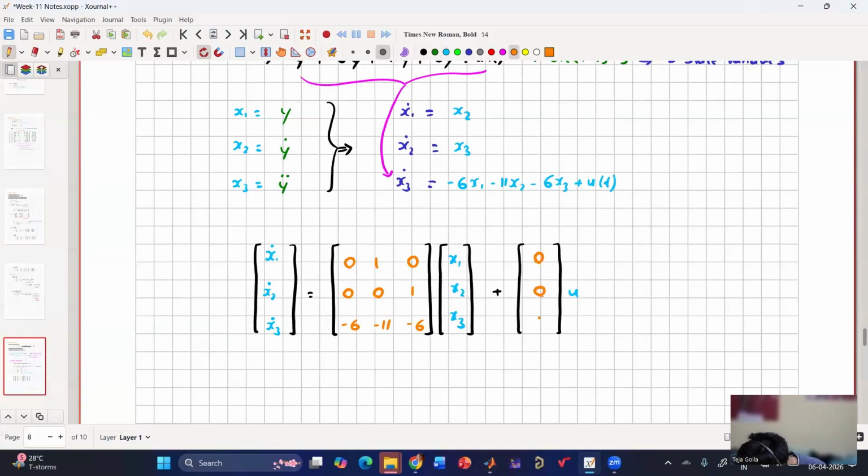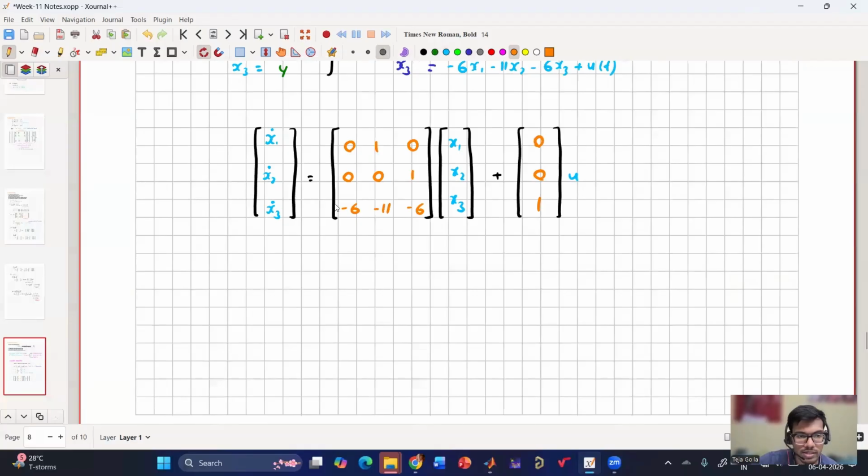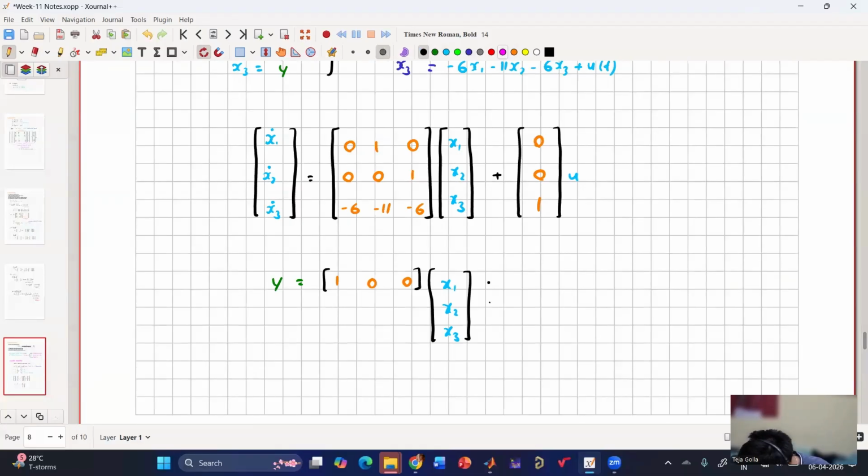And then my output y is nothing but x1. So C matrix is 1, 0, 0. So my output y equals 1, 0, 0 into the state vector x1, x2, x3 plus D into u. Okay, so in this way we'll get the ABCD matrices.